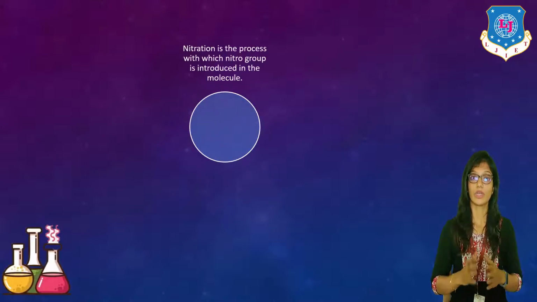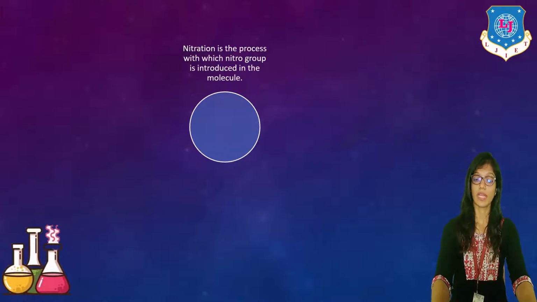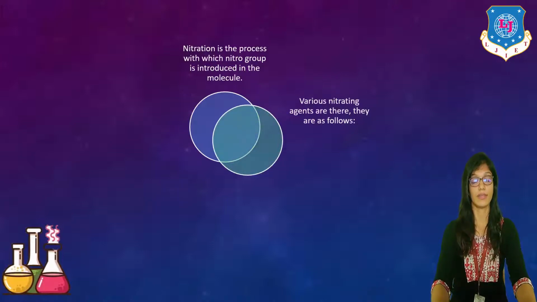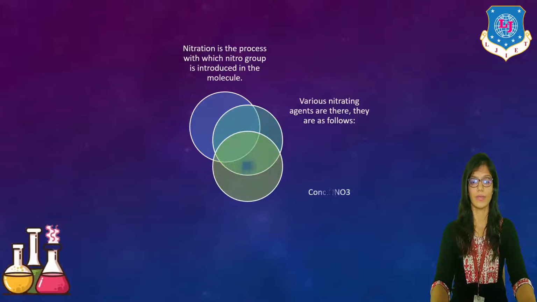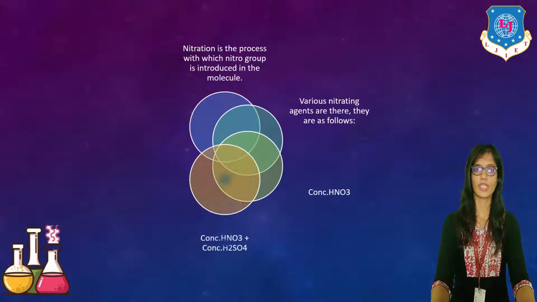Nitration is the process with which a nitro group is introduced into a molecule. Various nitrating agents are there, and they are as follows. First one is concentrated HNO3. Second one is concentrated HNO3 plus concentrated H2SO4.